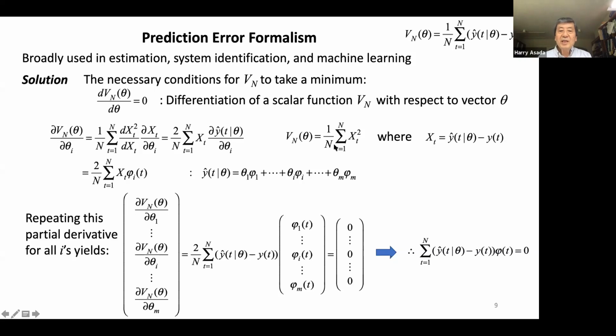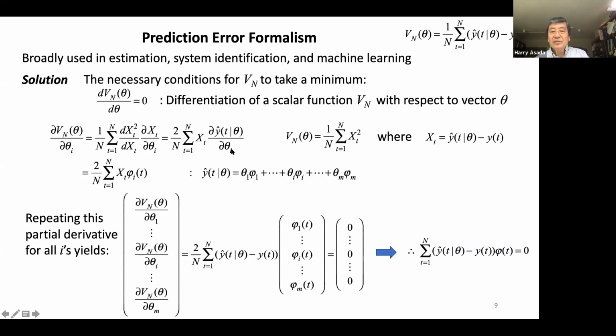By applying the chain rule, V_n differentiated with respect to capital X_t first, followed by X_t with respect to theta_i. From here, it comes out to 2 capital X_t, and then we need to examine the partial derivative of capital X_t by theta_i.